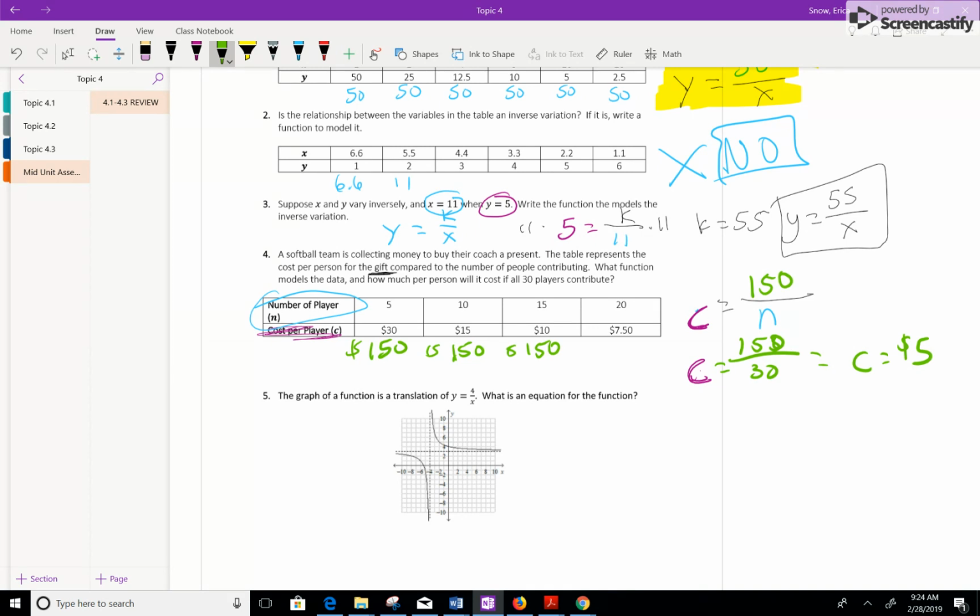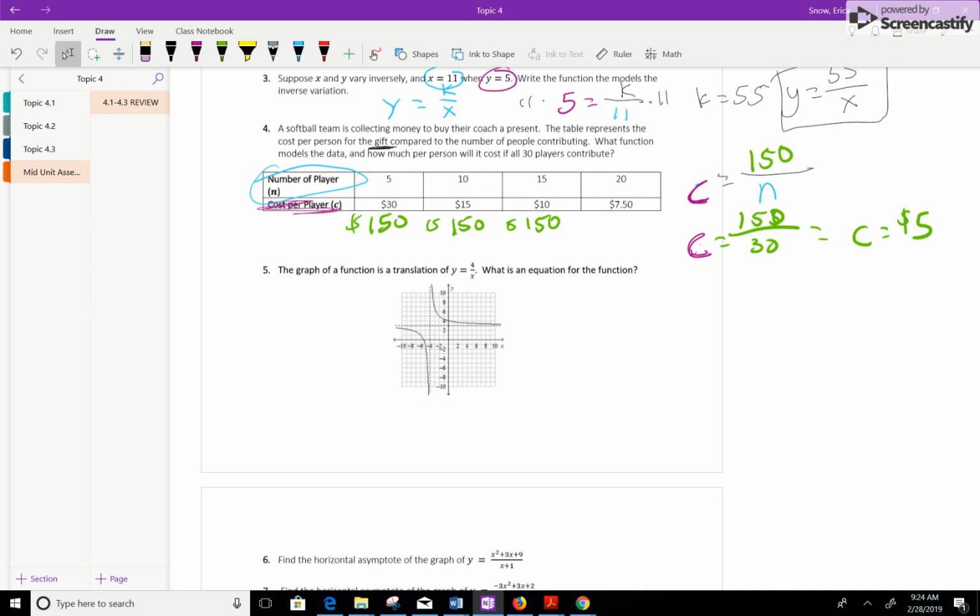Okay, the next question starts talking about our translations on our inverse function. So this is our parent function in this case. Notice that there's a 4 on top, not a 1. Now we need to determine our x and y shifts. So I'm going to start out by having y equals 4, and then our x stays there on the bottom.